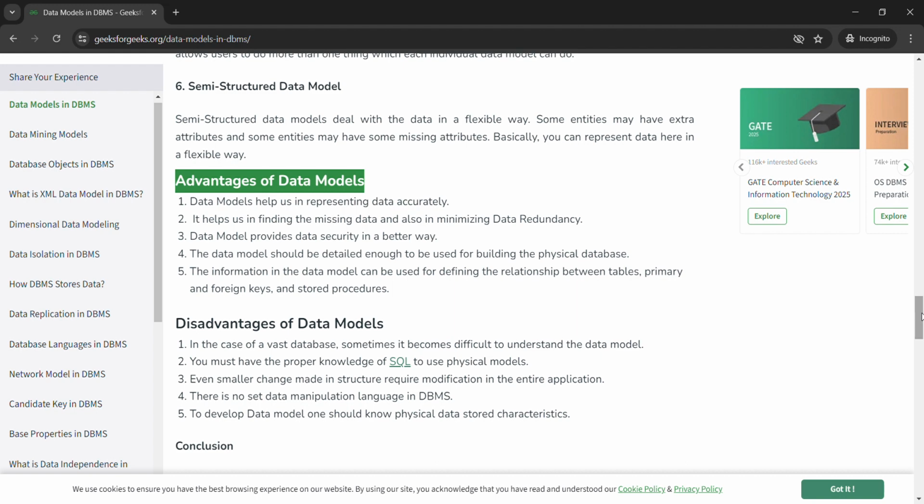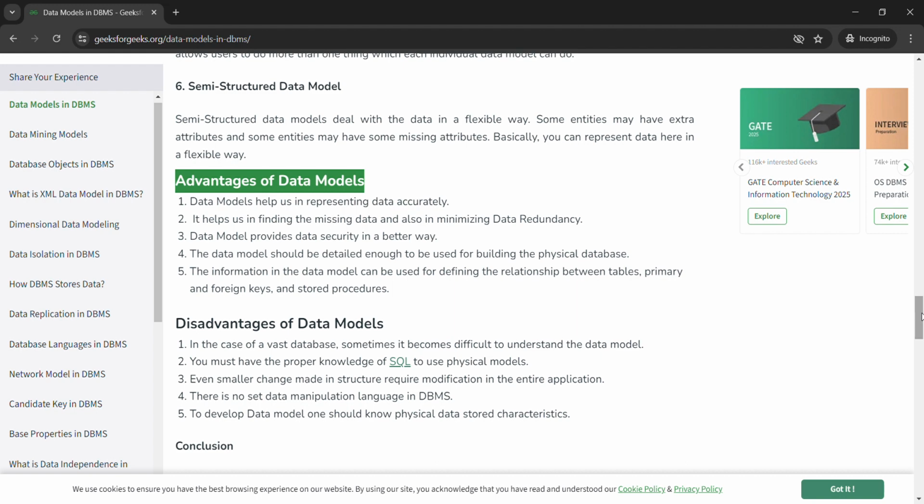The data model should be detailed enough to be used for building the physical database. The information in the data model can be used for defining the relationship between tables, primary and foreign keys, and stored procedures. So these are all the advantages of the data model.